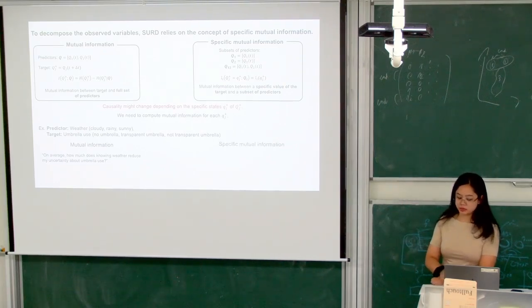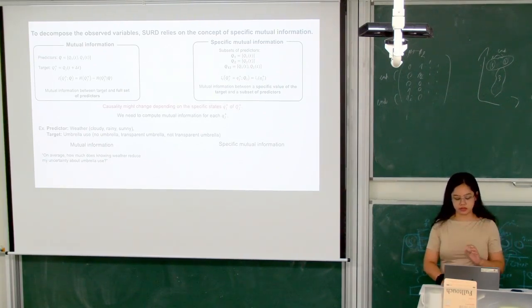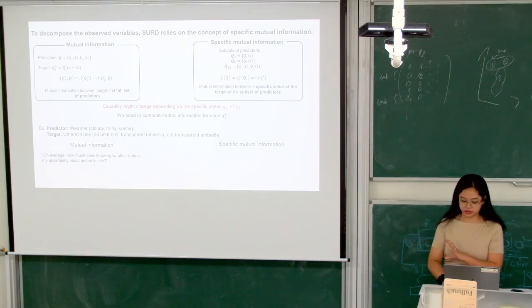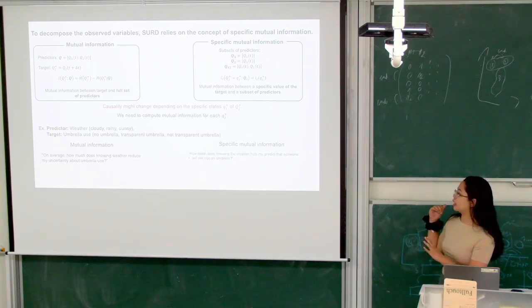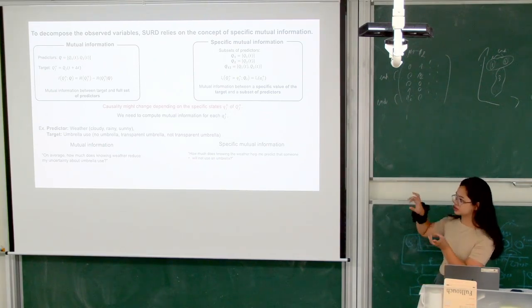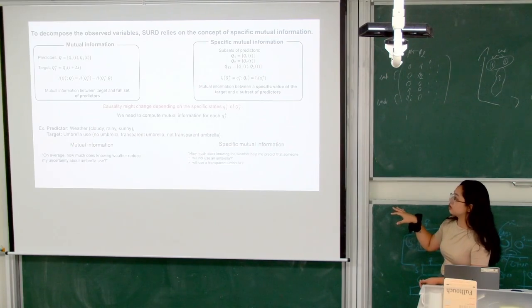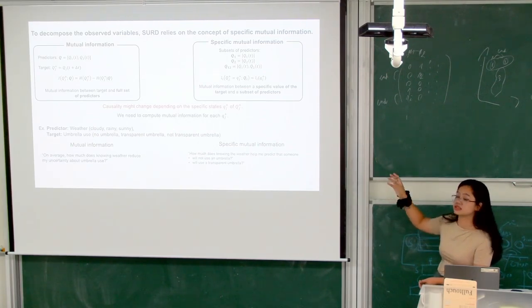However, in specific mutual information, we can get some more specific information. For example, we can answer how much knowing the weather helps me predict that someone will not use an umbrella. That is the case where it's cloudy or sunny, right? The case where someone will use a transparent umbrella, of course, is not the case where it is sunny, because it cannot block the sun.